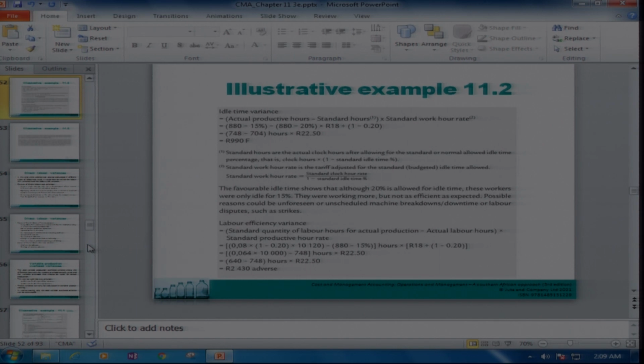We need to budget and pay the employees for such hours. So having budgeted for 640 hours and having to pay for 748 hours, it means our budget was not done accurately. So we have used more hours than what we were supposed to use as per the budgeted information. Because of that, our variance is unfavorable.